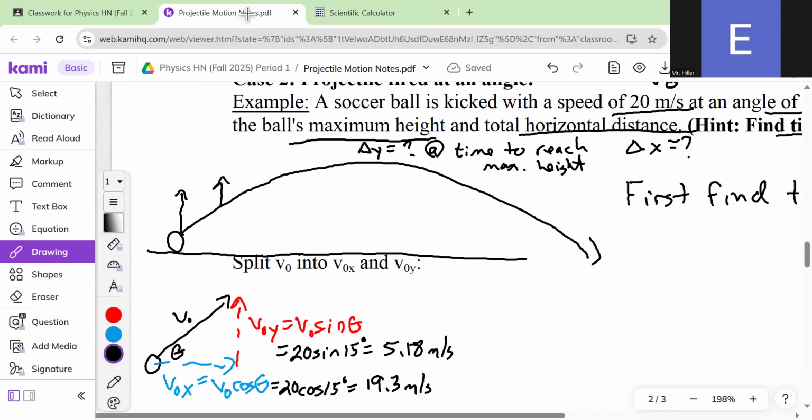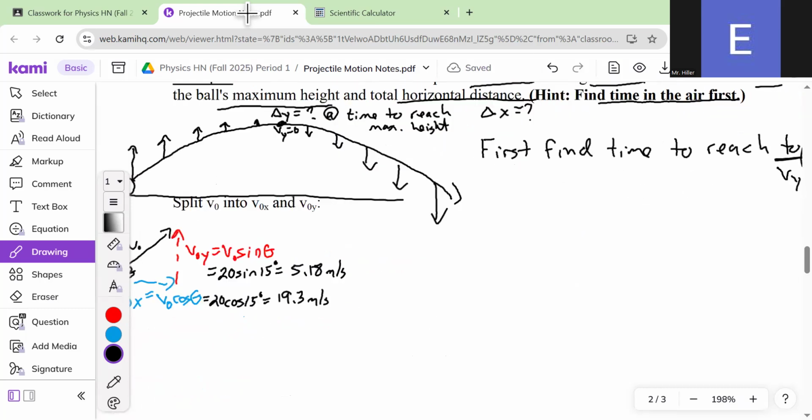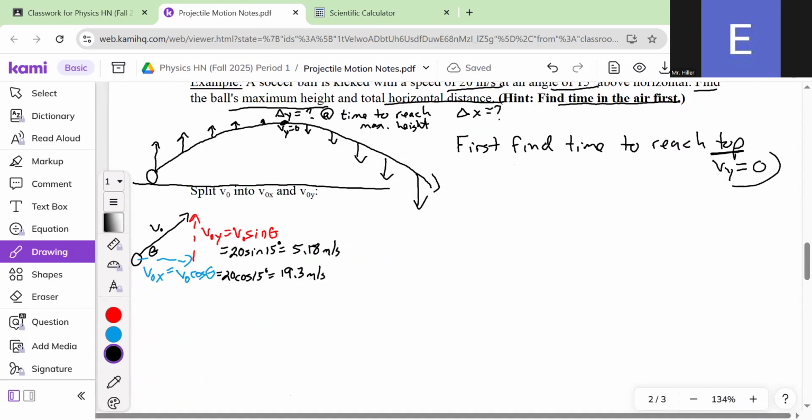As you get higher, the vertical velocity gets smaller until Vy at the top is 0. Then the vertical velocity starts getting larger the other way. Why is it 0 at the top? Because you're changing directions from going up to going down. So Vy, velocity in the y direction, has to be 0.